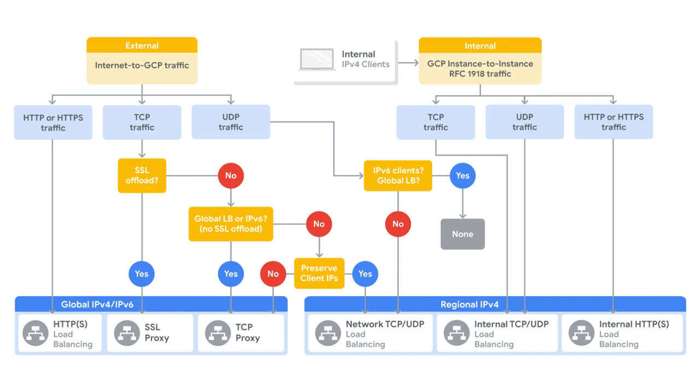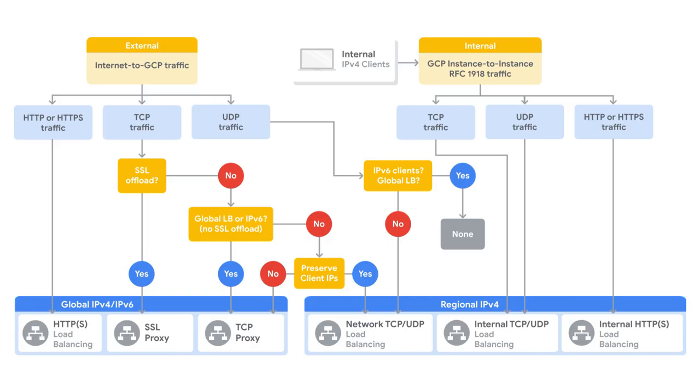First, choose the type of traffic that your load balancer must handle. If that is HTTP or HTTPS traffic, I recommend using the HTTPS load balancing service as a Layer 7 load balancer. Otherwise, use the TCP and UDP traffic paths of this flowchart to determine whether the SSL proxy, TCP proxy, or network load balancing service meets your needs.